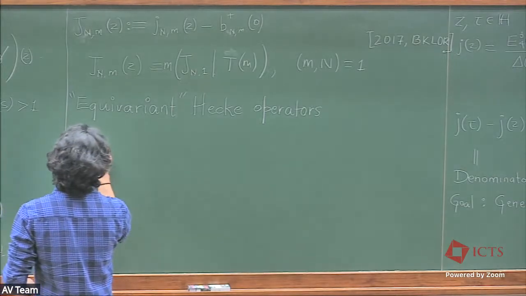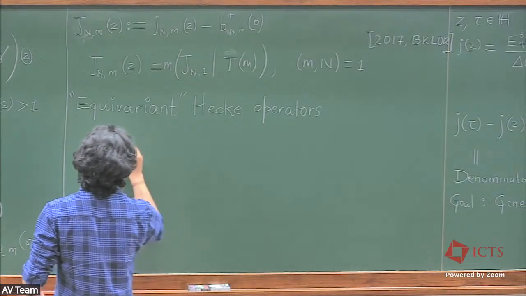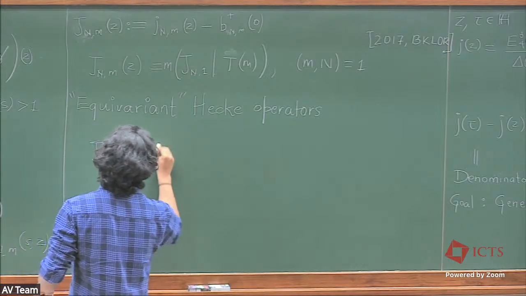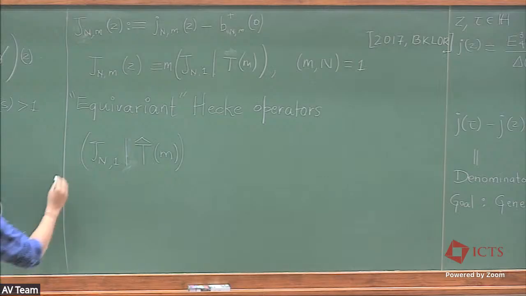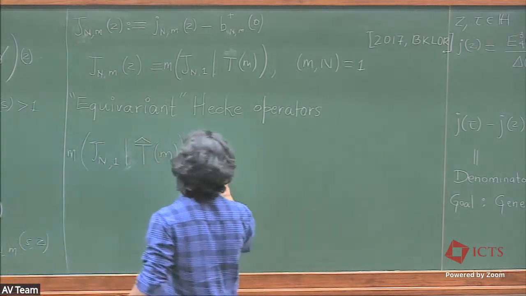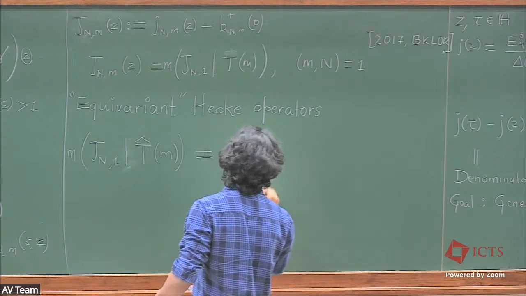The equivariant Hecke operator acting on J_{n,m} is defined like this. We have the usual sum.